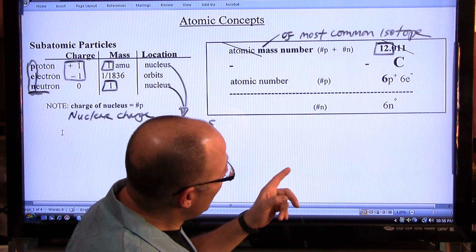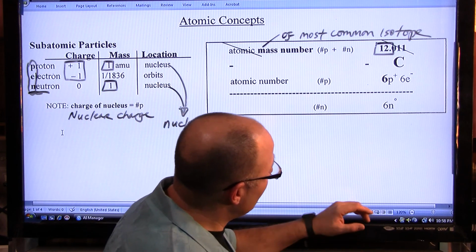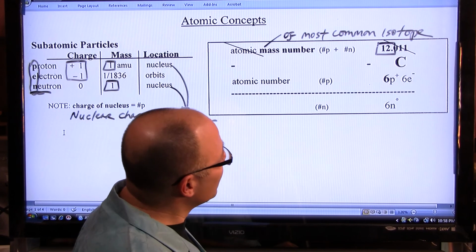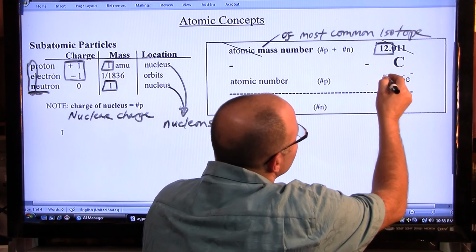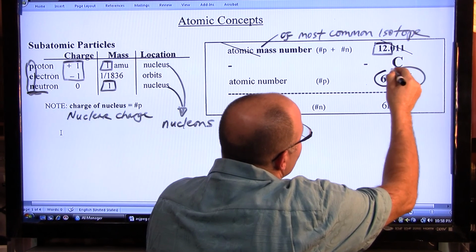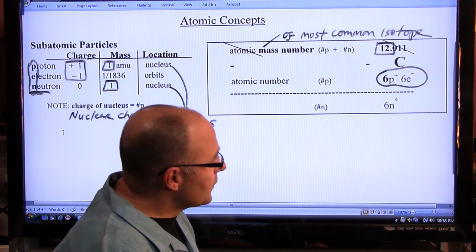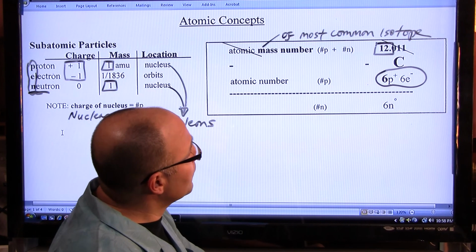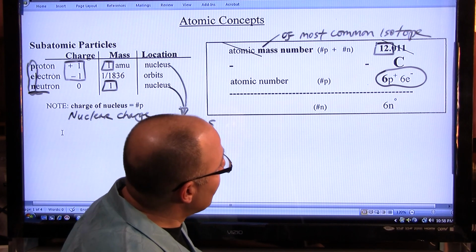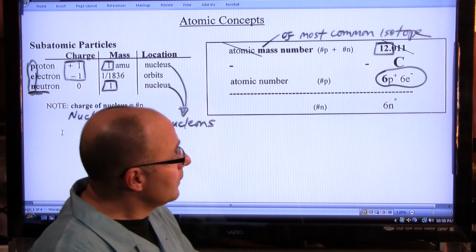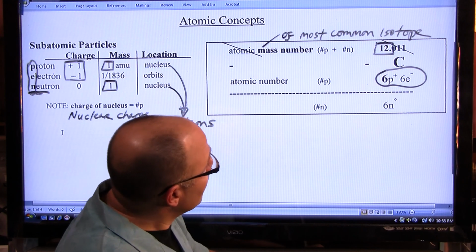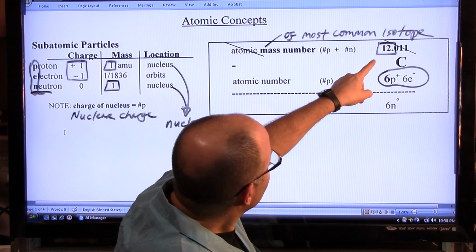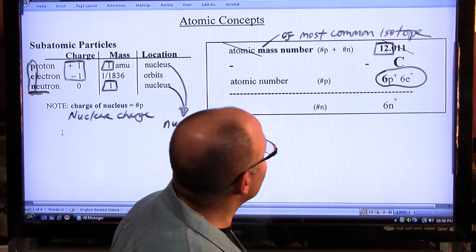Now, in the case of carbon also, we want to note, and for any atom that's neutral, the number of protons is the same as the number of electrons. The atomic number, once again, first, above all, gives us the number of protons. In a neutral atom, that's equal to the number of electrons. To get the number of neutrons, we round off the atomic mass to the nearest whole number.